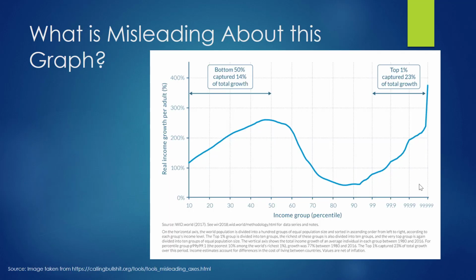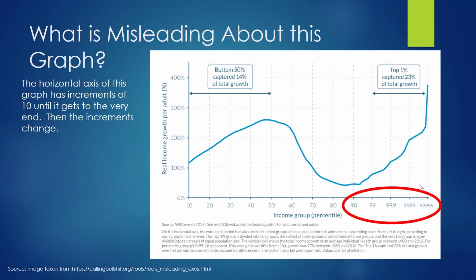Let's start with this first graph. Pause the video, take a minute to look at this graph and see if you can figure out why this graph is misleading. Did you notice that the horizontal axis of this graph has increments that are in units of 10 until it gets to 90, and then all of a sudden, the increments change?